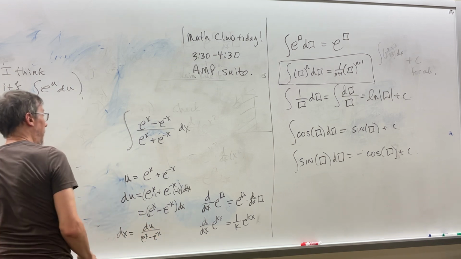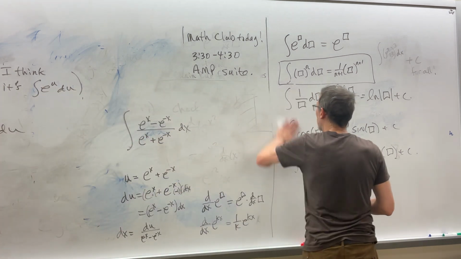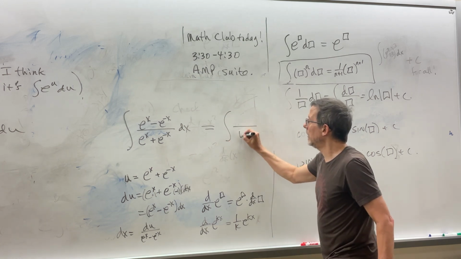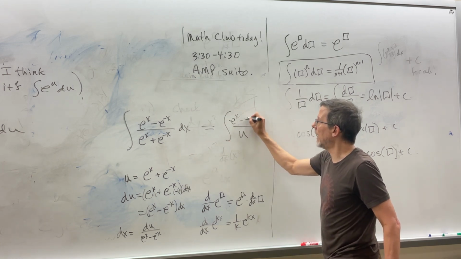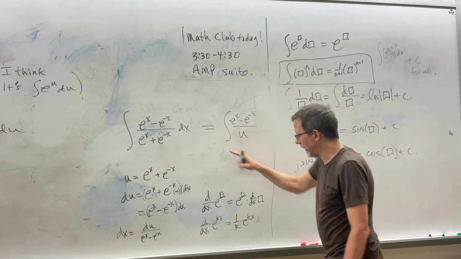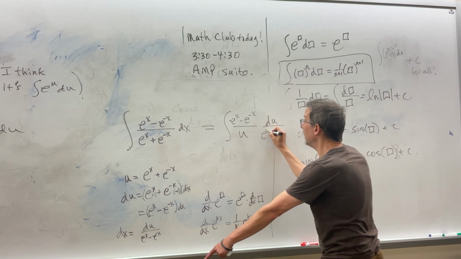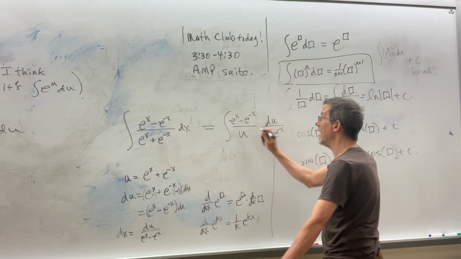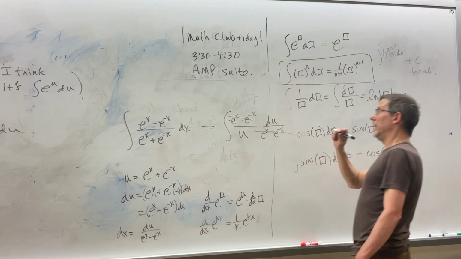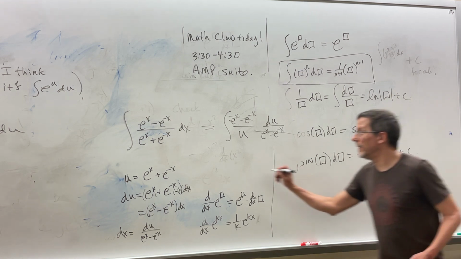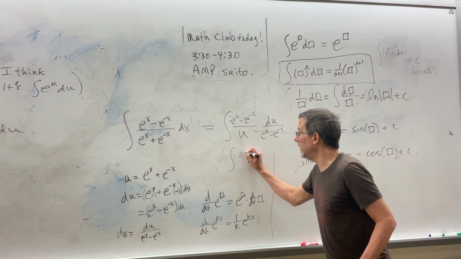The integral of u, I'm going to leave that nasty top apart, dx. When I solve for dx, I get du over that nasty part on top. Huzzah! They cancel. And I'm left with the integral of du over u.